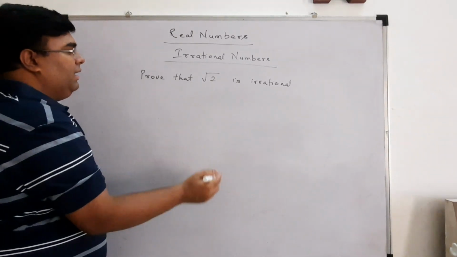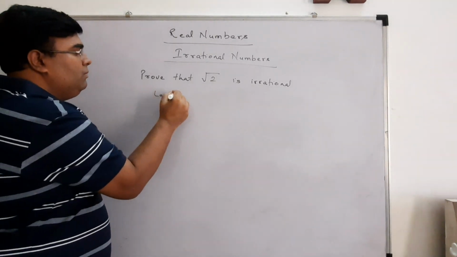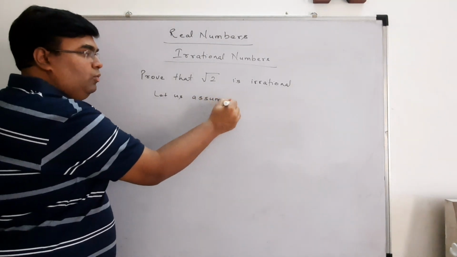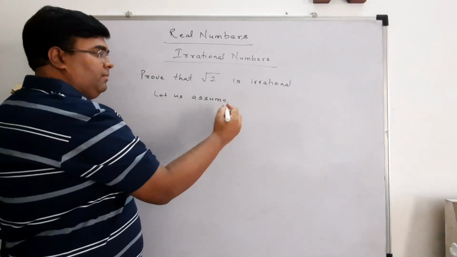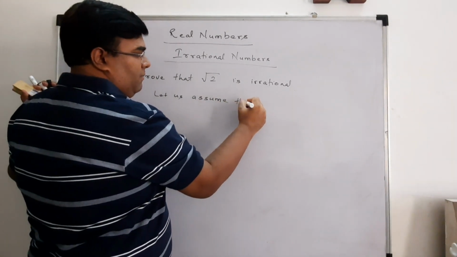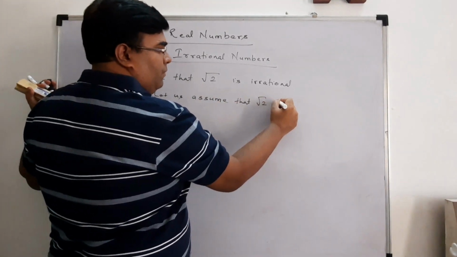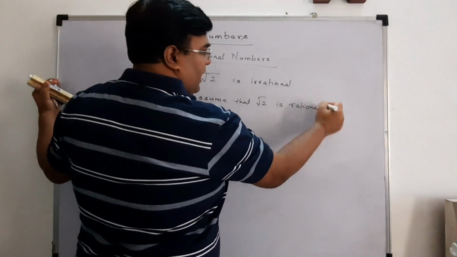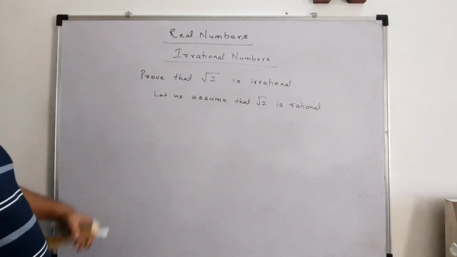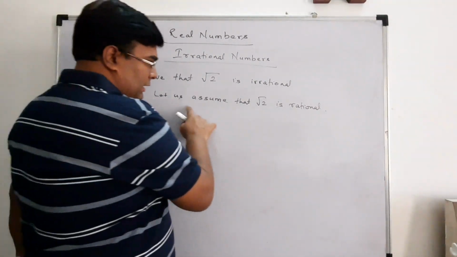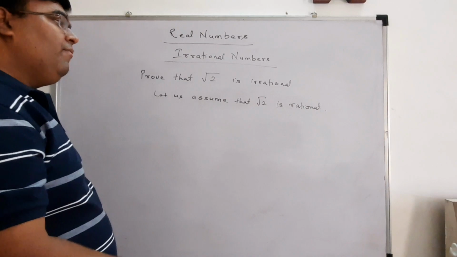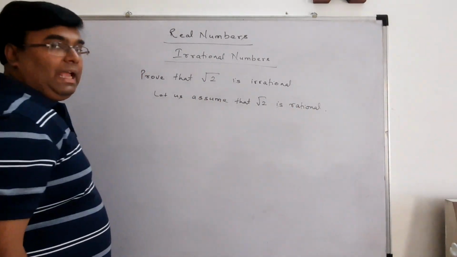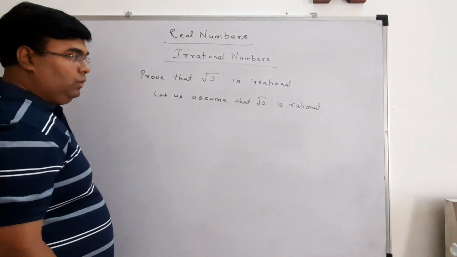So we will write it like, let us assume that root 2 is rational. Then we will prove that this assumption is wrong. If it is rational, it can be in the form of p by q.